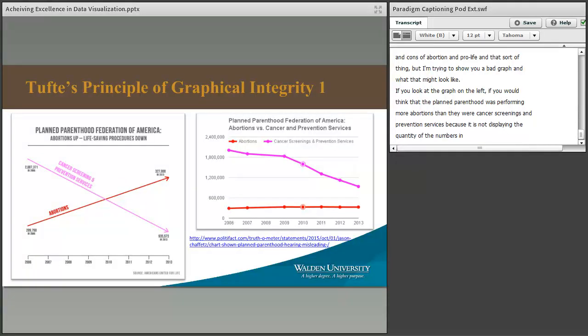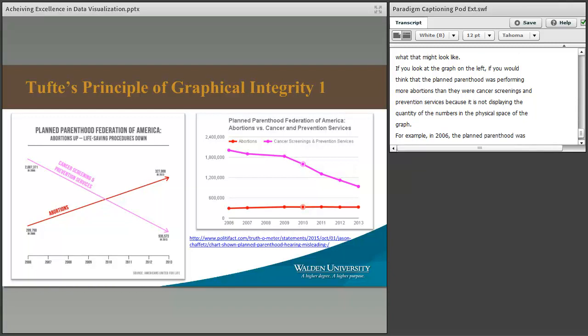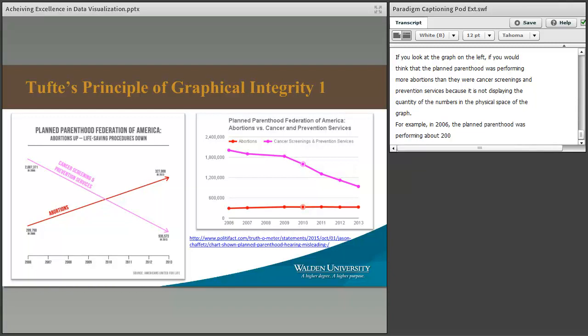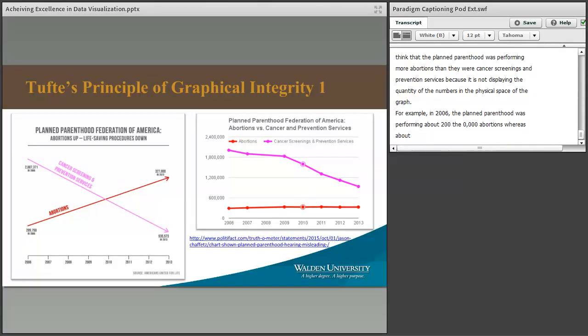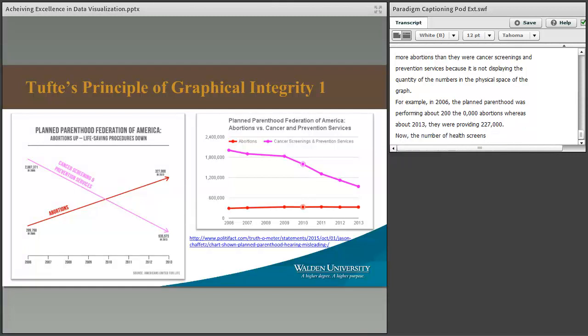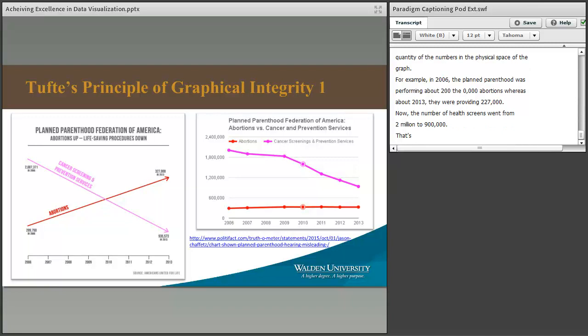For example, in 2006, Planned Parenthood was performing about 290,000 abortions, whereas by 2013, they were providing about 327,000. Now, the number of health screenings they were providing went from 2 million down to about 900,000. That's still 600,000 more health screenings than abortions, but the graph would not lead you to think that.